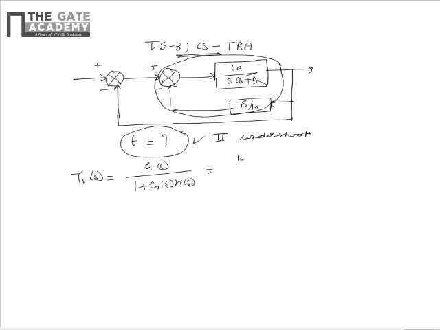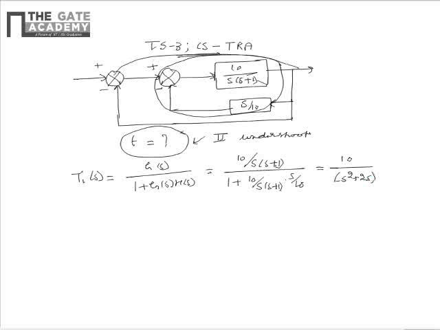Please note that here g of s is equal to 10 by s into s plus 1, and h of s is equal to s by 10. Upon substituting the quantities, the transfer function of the marked part gets simplified as 10 divided by s square plus 2s.